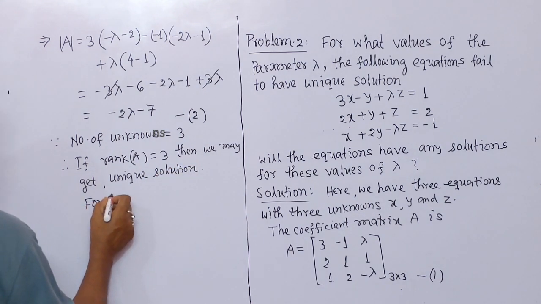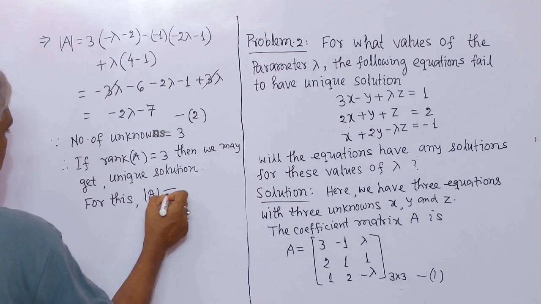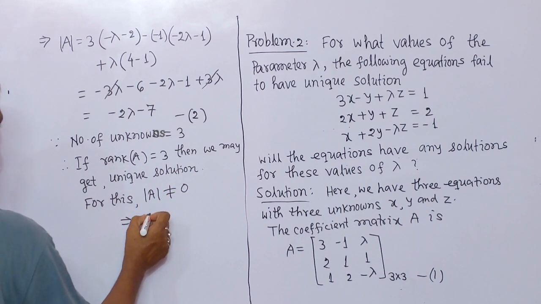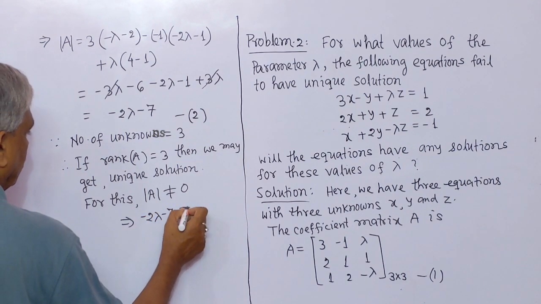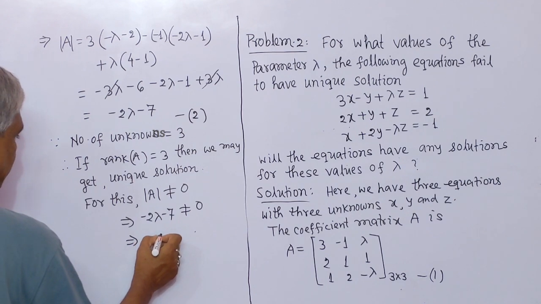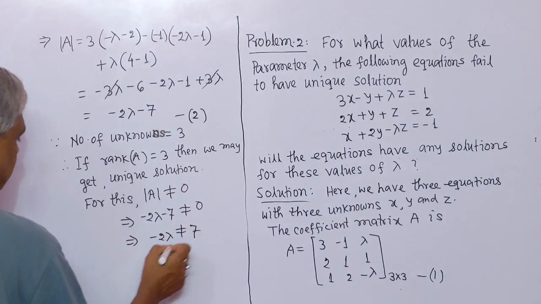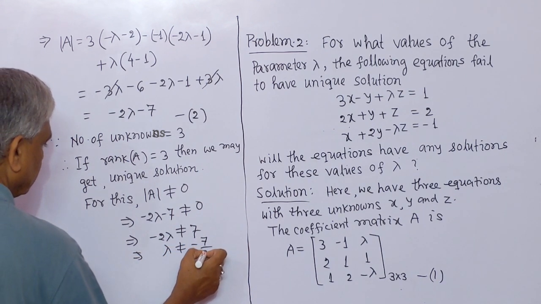For this, determinant A not equal to 0 implies that minus 2 lambda minus 7 not equal to 0, which implies that minus 2 lambda not equal to 7, which implies that lambda not equal to minus 7 by 2.